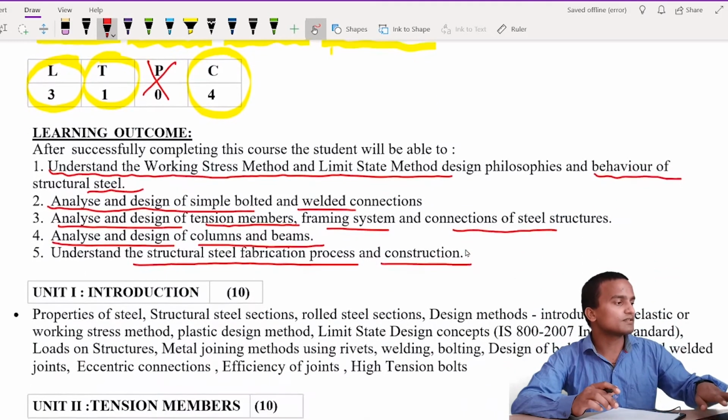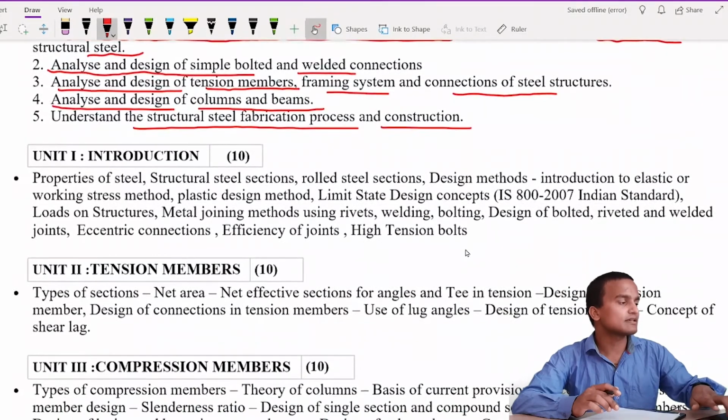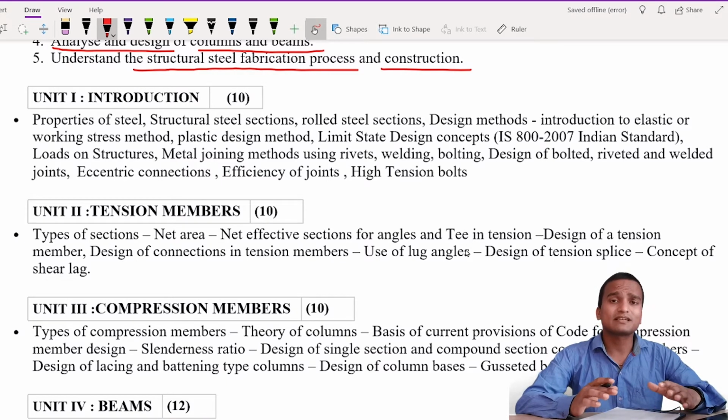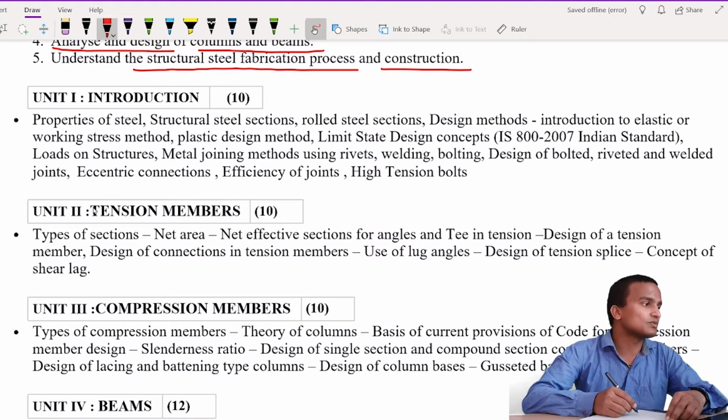So let us come to the syllabus, and it has 5 units. The very first unit is named Introduction. This unit will introduce you to the properties of steel and the basic connections that we can make in steel, the strength of joints, connections and different kinds of joints that we all make in steel connections.